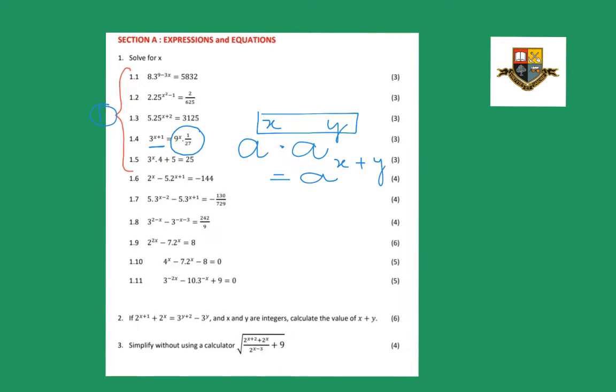The second type is when we are looking at a common factor. So 1.6, 1.7, 1.8, those are your common factors. They are known as type 2. By factorizing and removing a common factor, type 2 will lead you back to a type 1 equation.